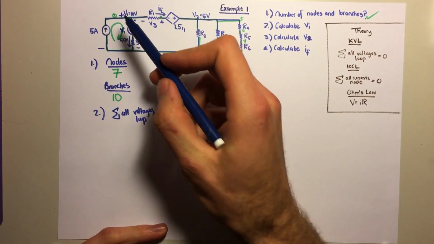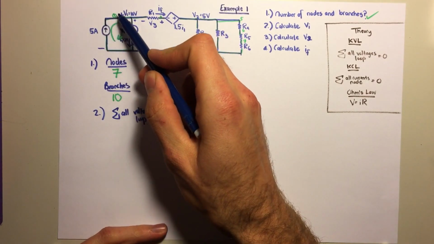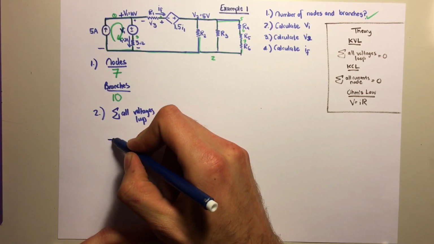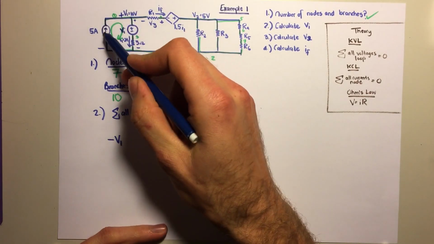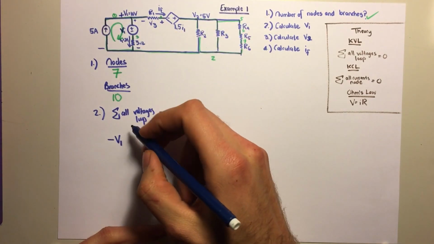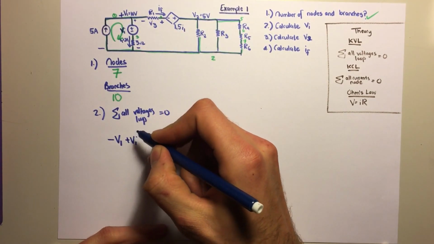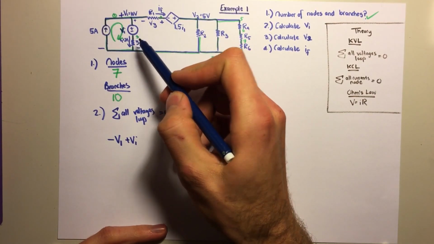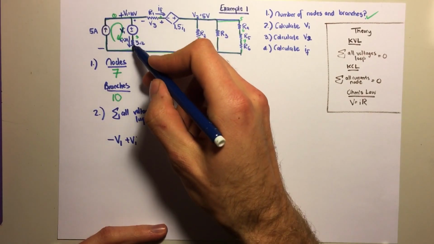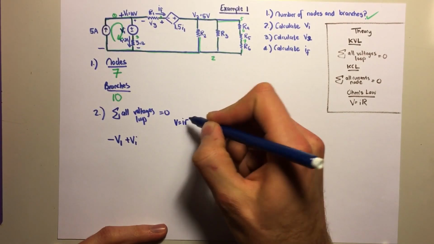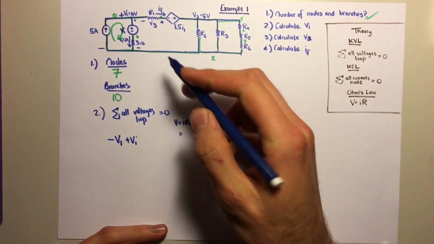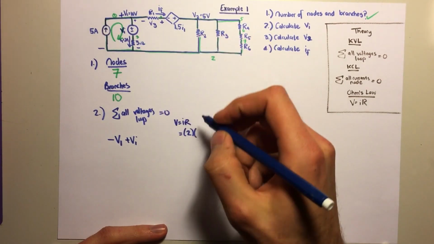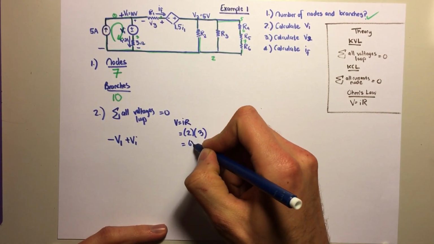So if we approach it like this, then we're going to say it's minus 10 volts, or minus V1, plus VI, then we have to add this resistor as well. So the voltage over that resistor, V equals IR, big R, would be 2 amperes through there as given, times the resistance of 3, which would give us 6 volts.